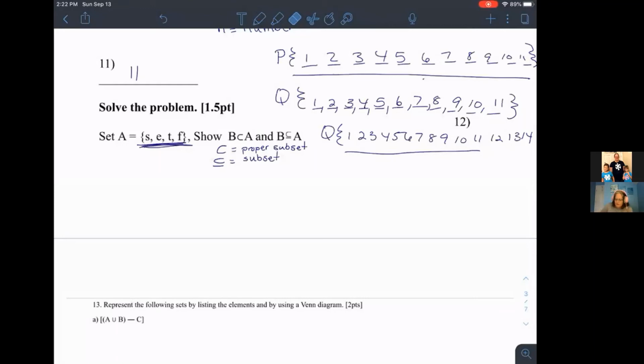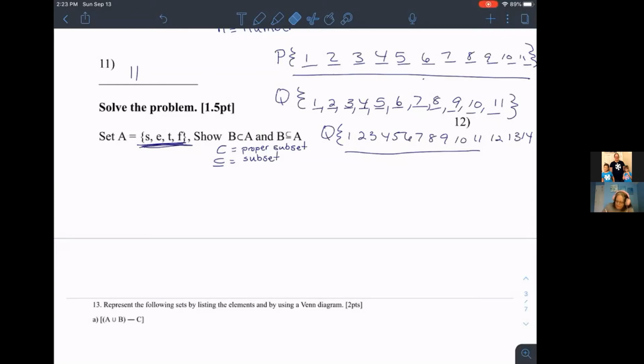So if we want to work on the proper subset, it says that a proper subset is a subset where there is at least one element of one that is not in the other.